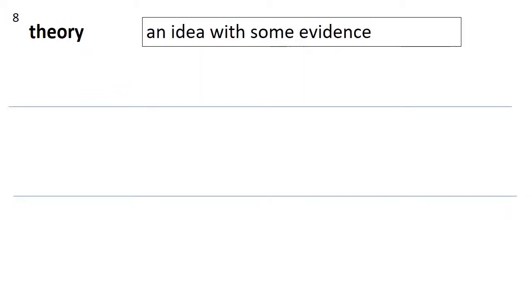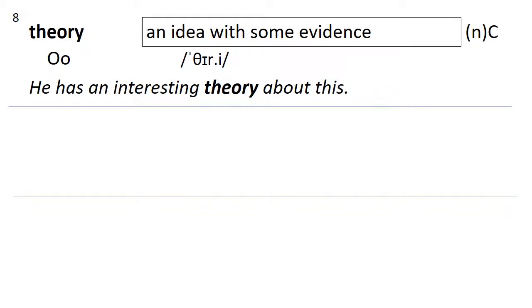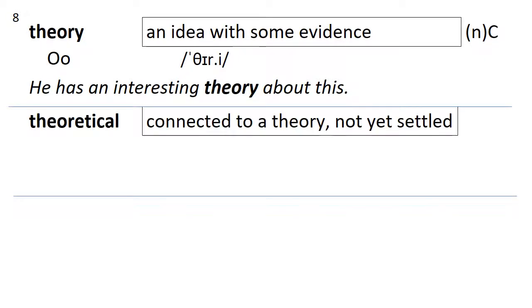Number 8 is theory. Theory is an idea you have that has some evidence. It's a countable noun. How many syllables are in theory? 2. Stress on the first. Theory. He has an interesting theory about this. We have theoretical, which means connected to a theory, but not yet settled, not yet 100% sure. And it's an adjective.